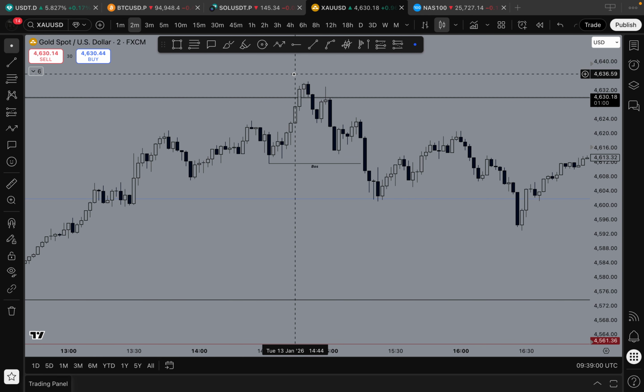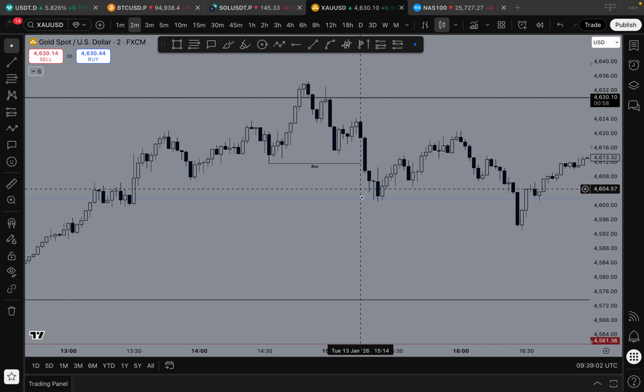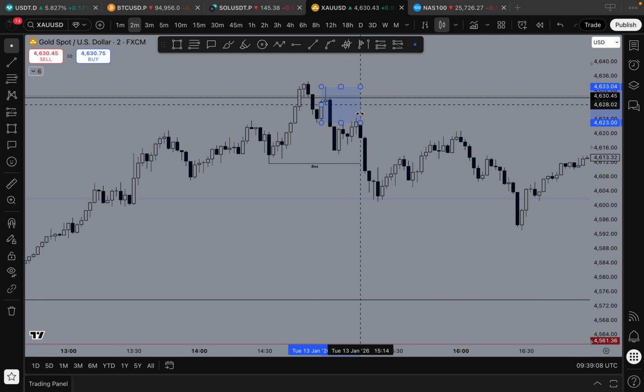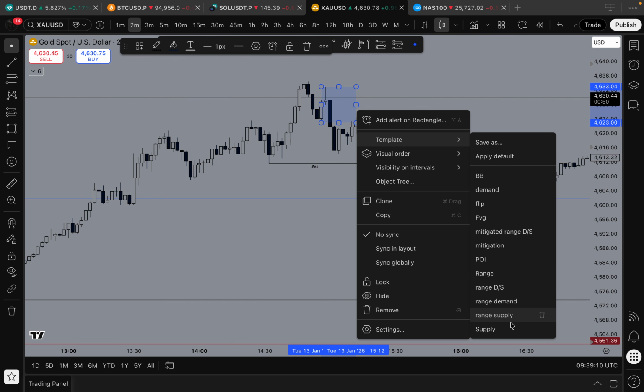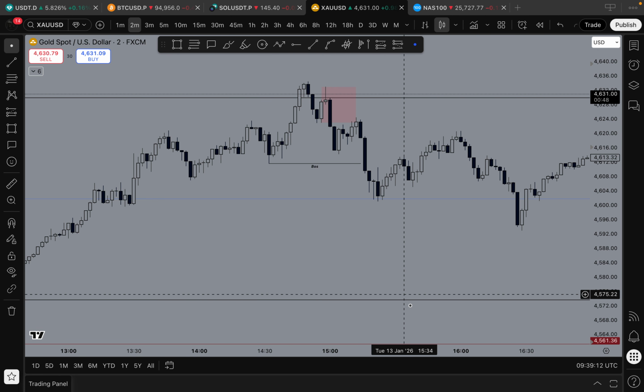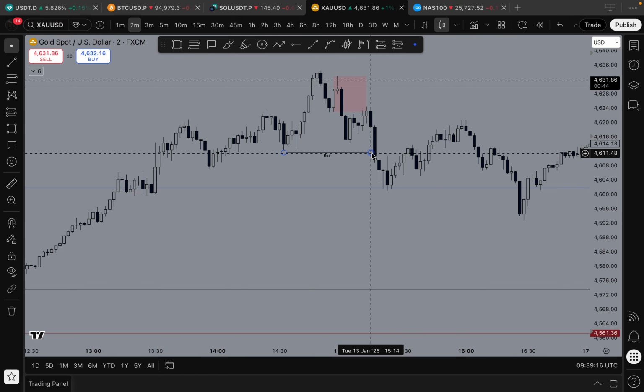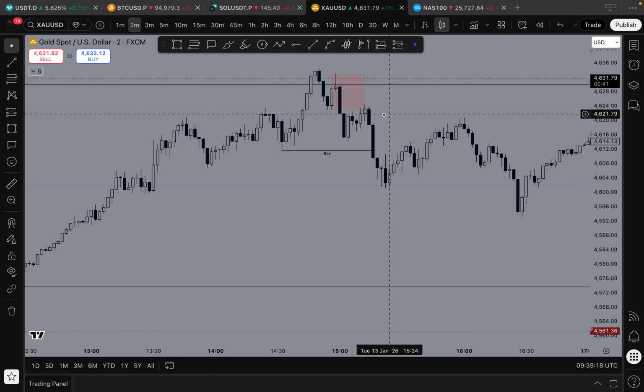So here you can already see move down, move up, aggressive move down. So here locally you are creating supply in the process, which got tapped right there, and then price sold off again.